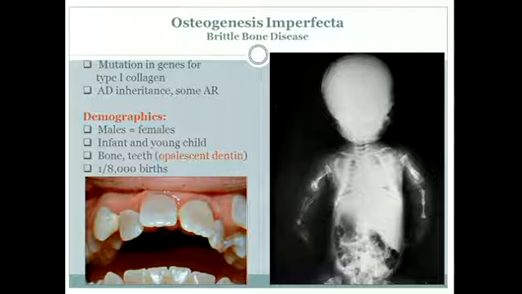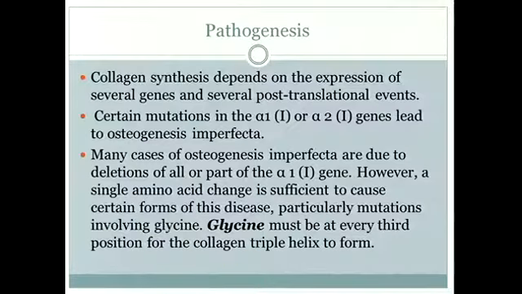1 in 8,000 births, that's actually pretty common. I know that sounds like a low number, but it's actually a pretty common finding. So osteogenesis imperfecta is something you might see in your practice, might have to handle as a provider, and you have to understand the different components of what these patients will present with. When we think about collagen synthesis, there are several different pathways that are connected, right?